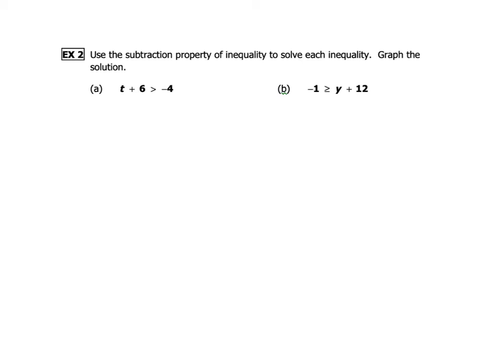Now we're going to look at a couple of examples where we are going to be using subtraction. So I have t plus 6 is greater than negative 4. And what I'm going to do this time is subtract 6 from both sides. The 6's cancel.